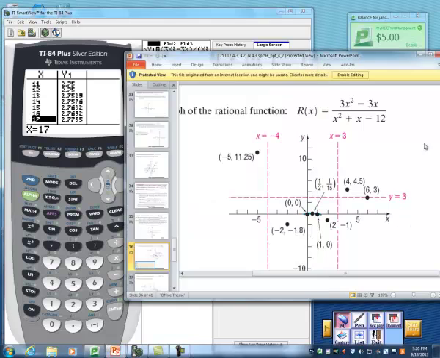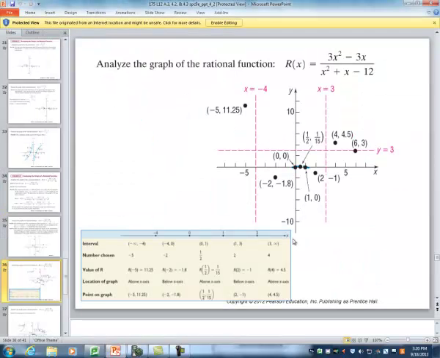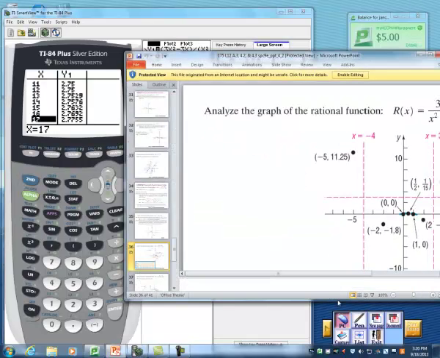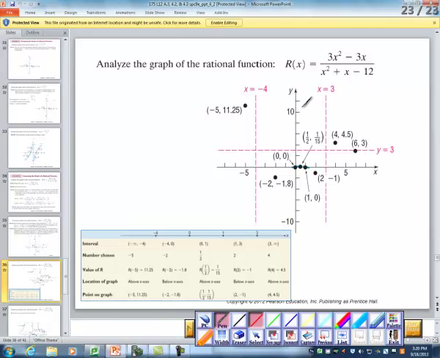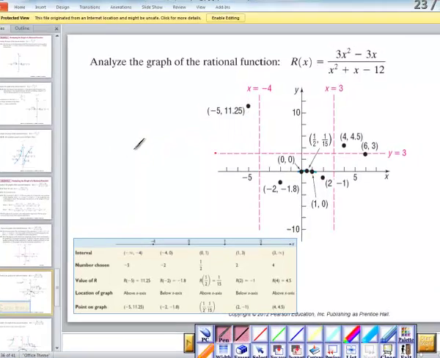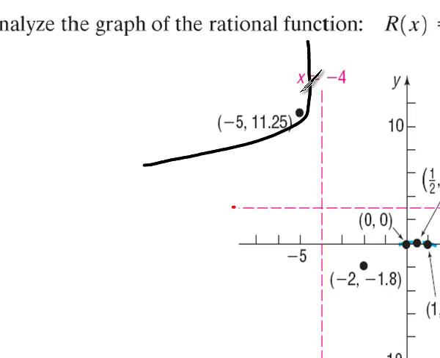So this is what it's doing. We know that our graph is coming across like this, and that one stays above 3 the whole time. I'm going to use black instead. We know that one stays above 3 the whole time.